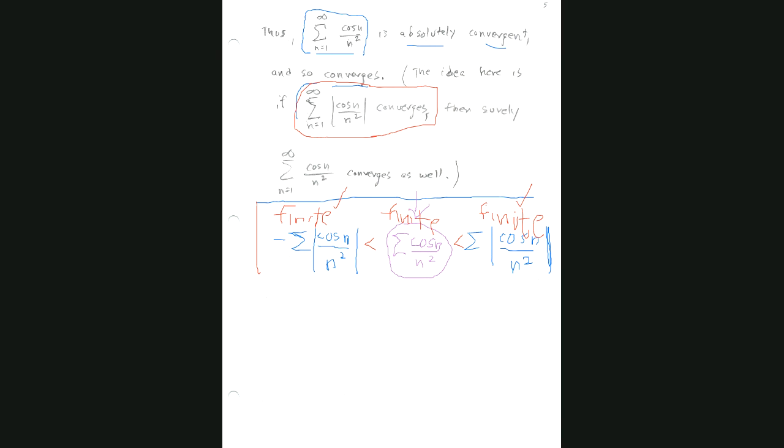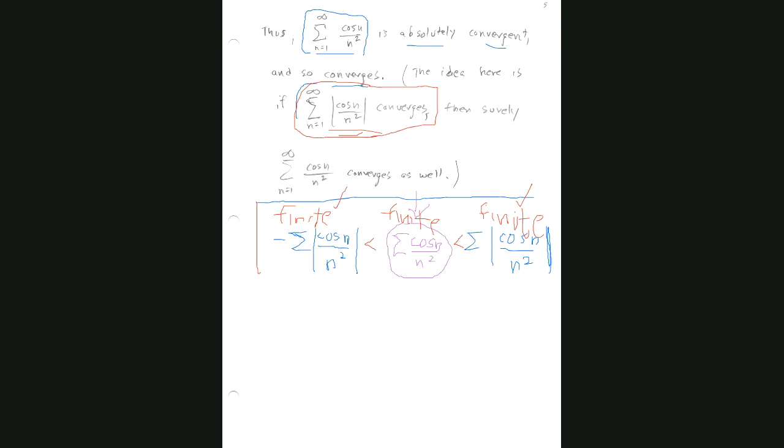To get a comfortable feel. But another way to think about it is, when you take the absolute value of the terms of a series, and that series converges, well, the series where you take the absolute value of the terms has a better chance of diverging than the series where you don't, because all its terms are positive.